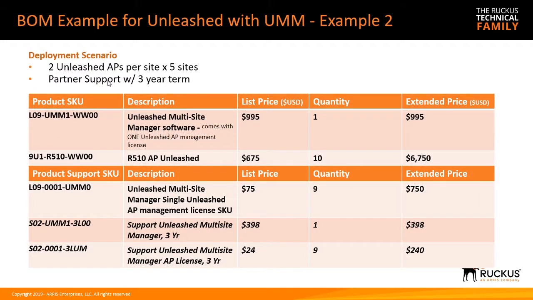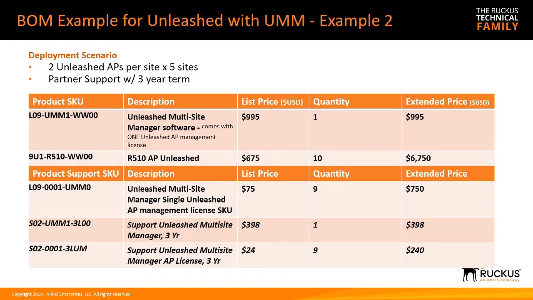So our second example, we have 2 Unleashed APs per site with 5 sites. So we've got a total of 10 APs. In this case, I want to use partner support for 3 years. So again, here's the server SKU with quantity 1. We're purchasing quantity 10 of R510 AP Unleashed, right? 901-R510-WW00 or US00 more likely.